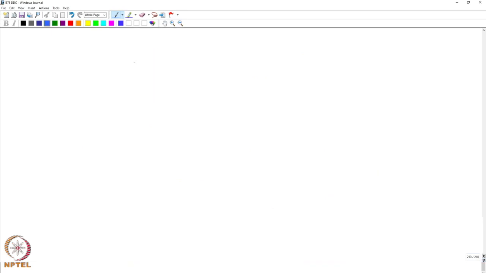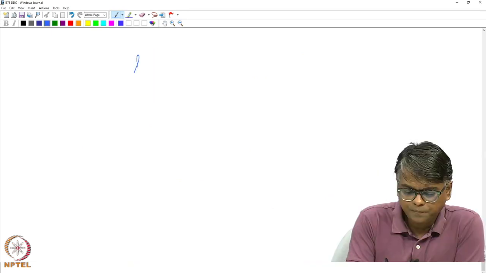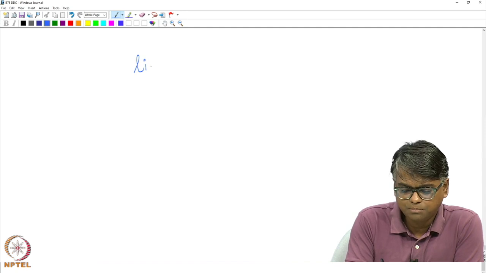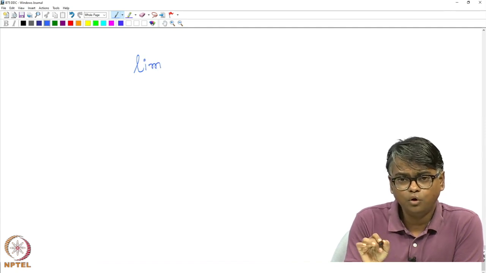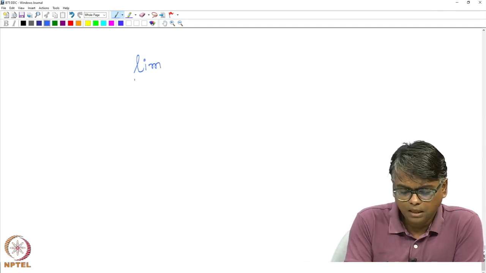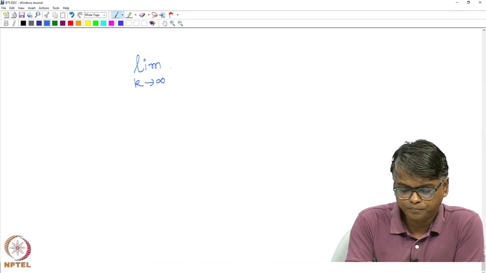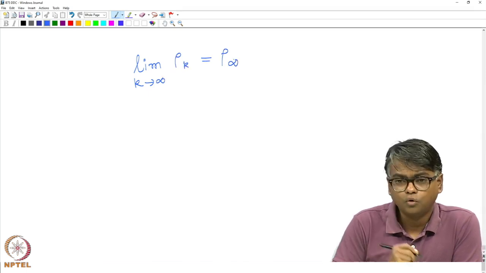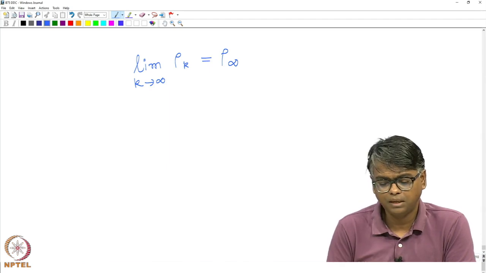First thing is that, as I said earlier, because it is a non increasing sequence and it is bounded from below by 0, there will exist a limit, rho infinity. This limit will exist.